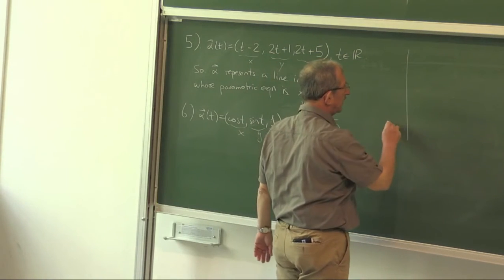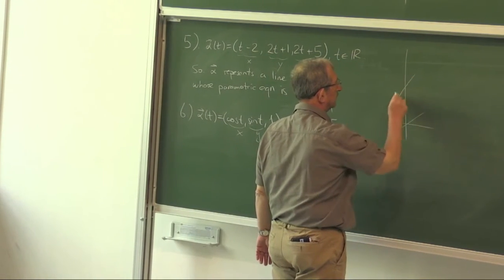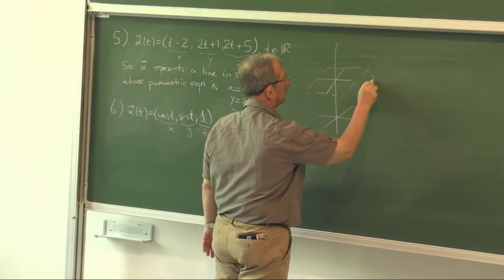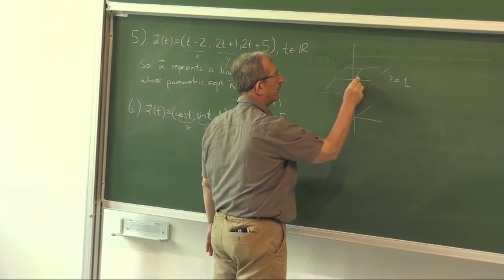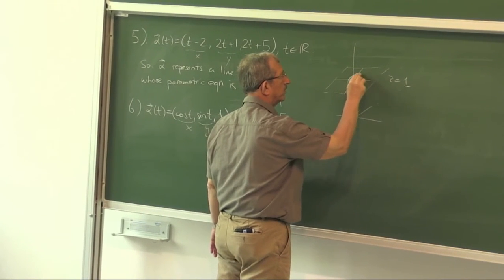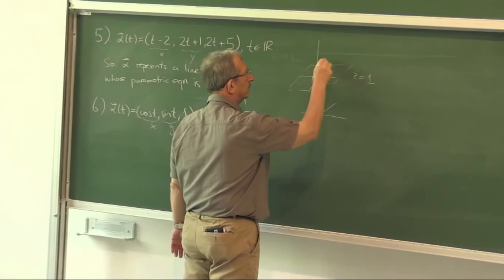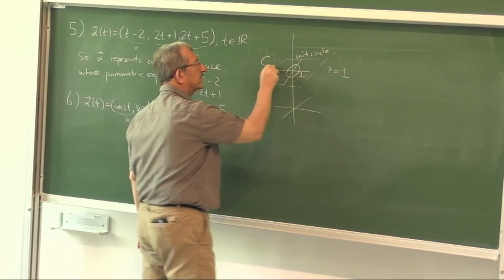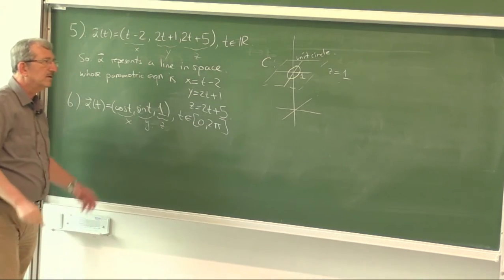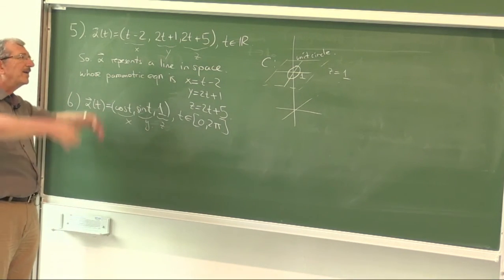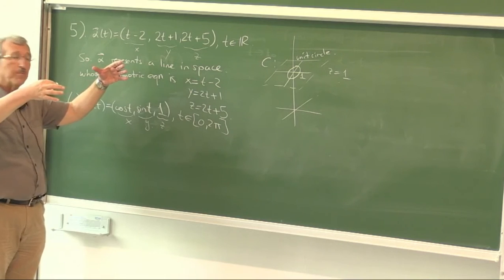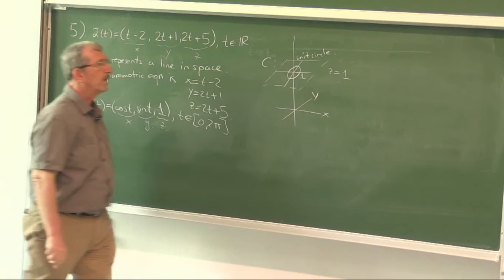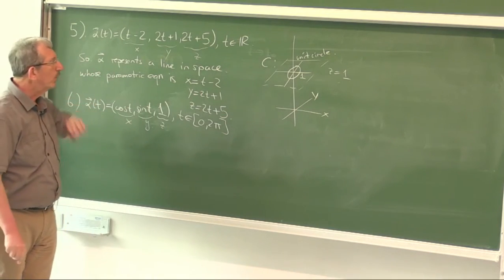So this tells us that we have something like this. Here we have a unit circle, hanging in the air above the xy plane, at the level z equal to 1.